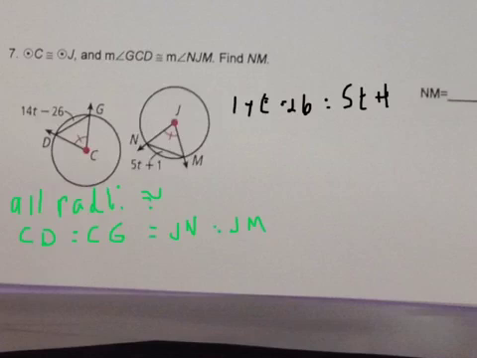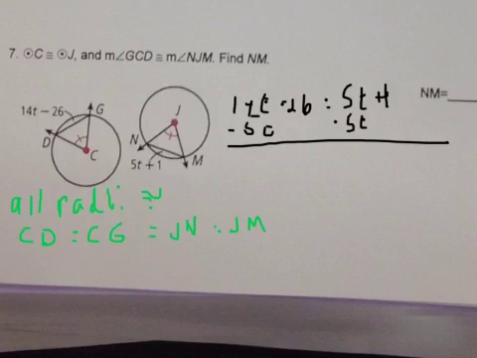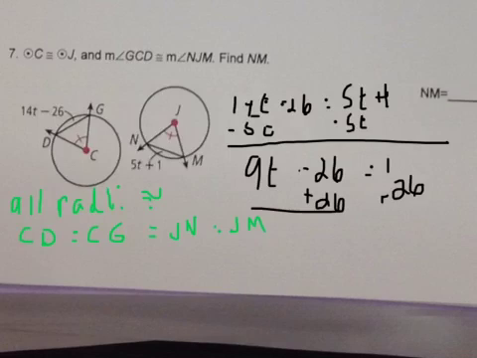And again, it's not picking up really well. I'm going to move all the t's to one side. I'm going to subtract 5t from each side. That's going to leave me with 9t minus 26 is equal to 1. Let's add 26 to each side. I'm trying to get that t by itself, but I wanted to get all the t's on one side first. 9t is 27.